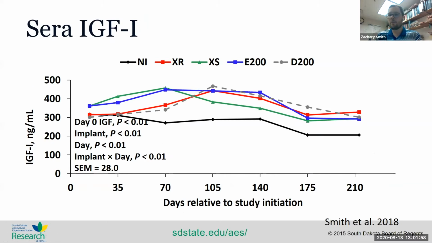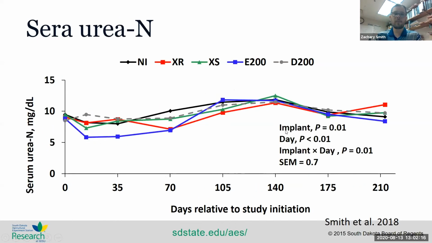Insulin-like growth factor 1, this would be produced by the liver, hepatic output of IGF-1. There's differences between implant treatments over time. So this is kind of an illustration of what we're looking for when we use these and comparing them to the negative control. Serum urea nitrogen is an indicator of anabolism or not.